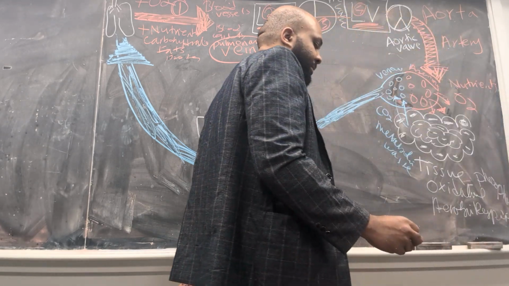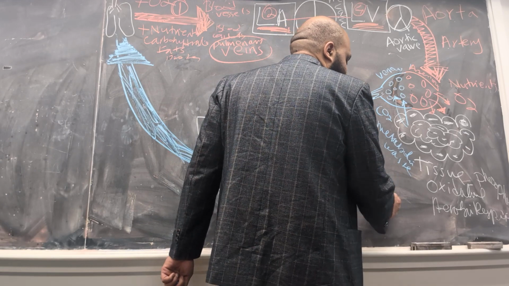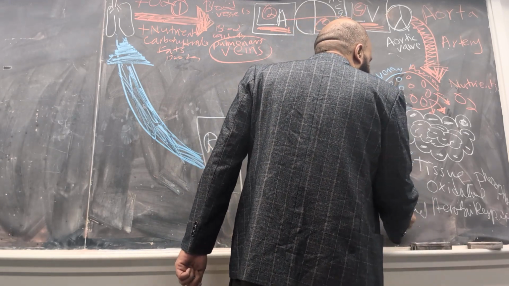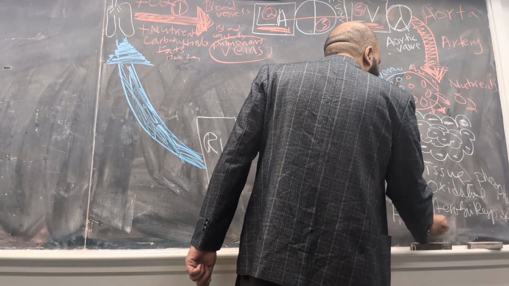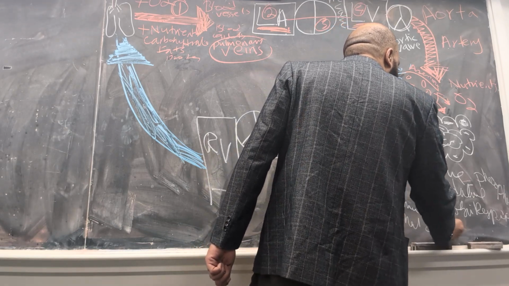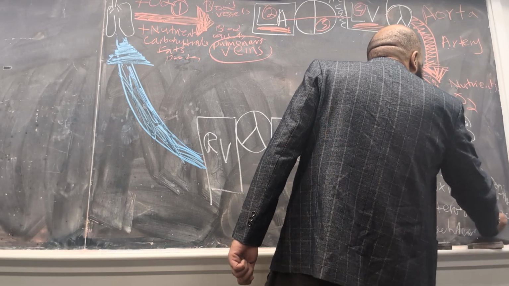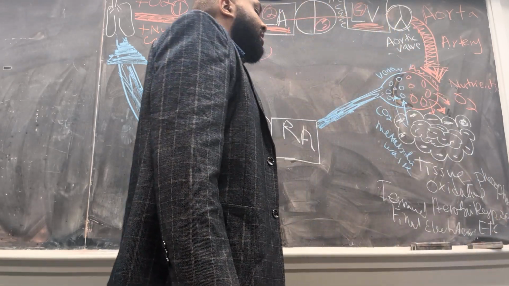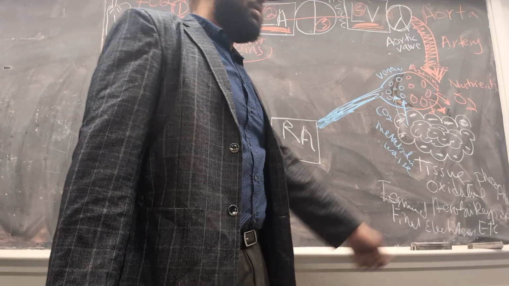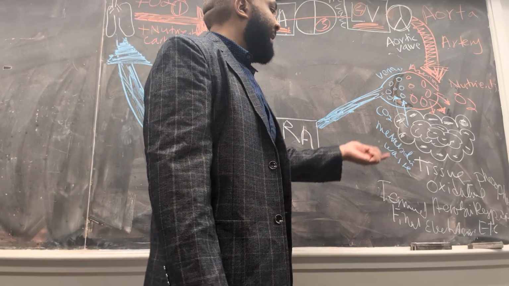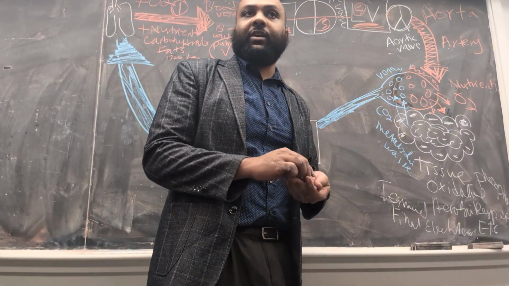Oxygen is very important because oxygen is the terminal and final electron acceptor in the electron transport chain in your mitochondria. Then all the metabolic waste that is generated, all the buildup of the metabolic waste, is going to be sent back into the venous side of the circulation.